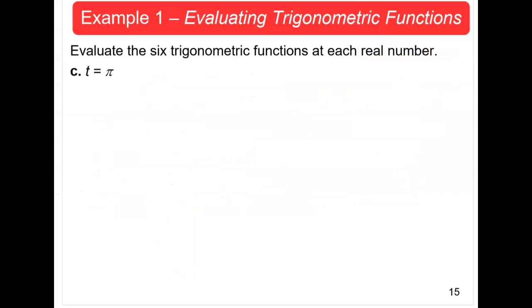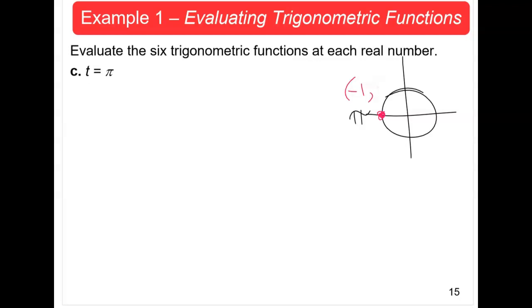Part C of example 1, for that part, we're going to use t equals pi. So let's remember where pi is located with respect to the unit circle. That will be equal to 180 degrees. And the point that corresponds to that, if the radius is 1, so we're going in the negative x direction, so that will be negative 1.